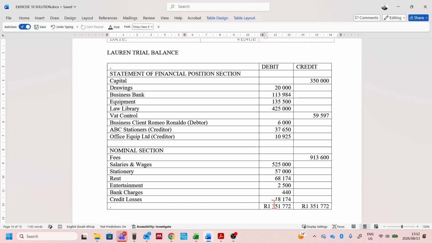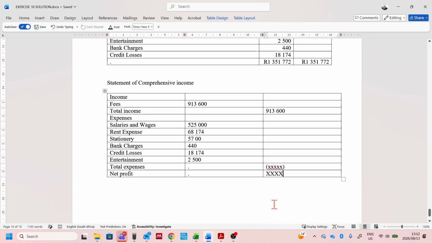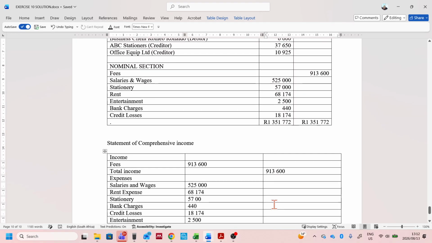But under equity, make sure that the net profit that you have here at the bottom, you also show it under equity, or you add it with your capital account so that your statement balances. If you do not add it, it will not balance. So please, for the statement of financial position, look at exercise 11 in your workbook. That will then be explaining the whole concept.